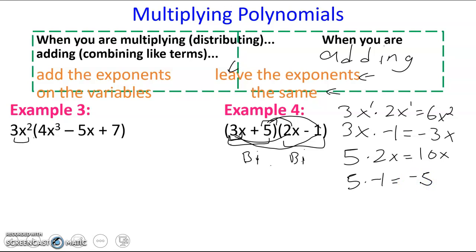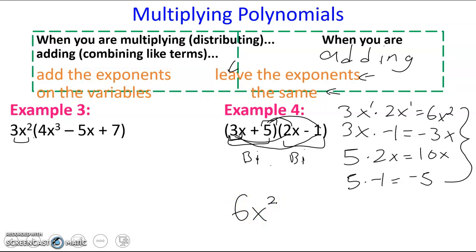When we get to this point, that is when we start combining like terms. Once we multiply them all out, we combine our like terms into one polynomial. So we have the 6x squared. There's no other x squareds here, so I'm just going to write out 6x squared.